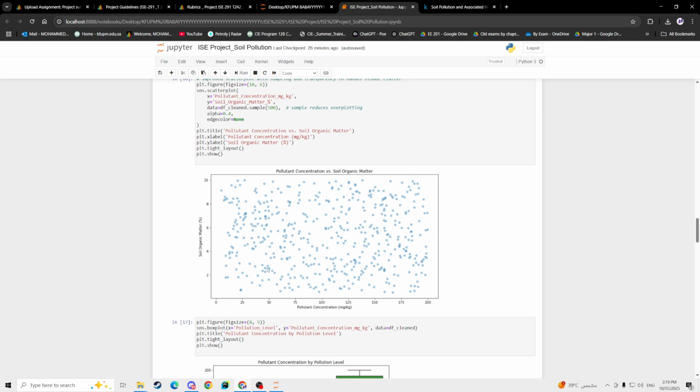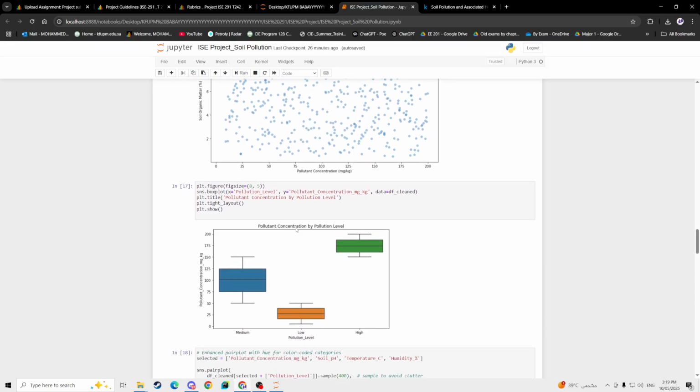There aren't any particular trends present between the pollutant concentration and the organic matter of the soil samples within the dataset, which is why the scatter plot looks scattered.